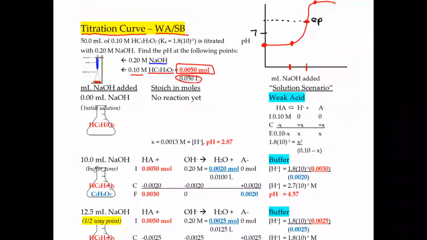So remember how we do that. You could use the equation NAVA equals NBVB. The normality of the base is the 0.2. It's the same as the molarity because there's only one OH in that base.